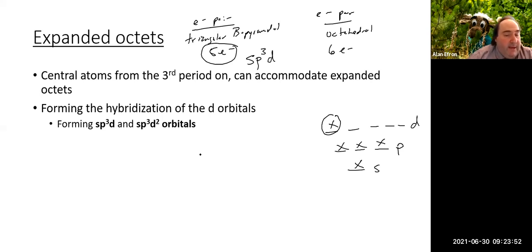We count these just like everything else; double bonds and triple bonds count as 1 electron pair. So that would have sp3d hybridization.